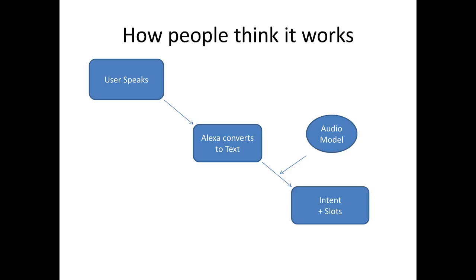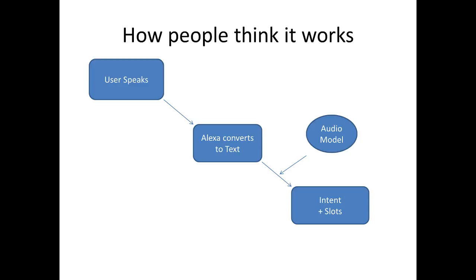And the simple approach is, it hears this and does speech to text, because everybody sees these. There are plenty of APIs and algorithms and web services that will do speech to text, converting what you say into text. Then it accesses your audio model, where you define all the different possible things you can say, and based on that model, selects amongst the text to come up with the intents and slots that it then calls your web service with.